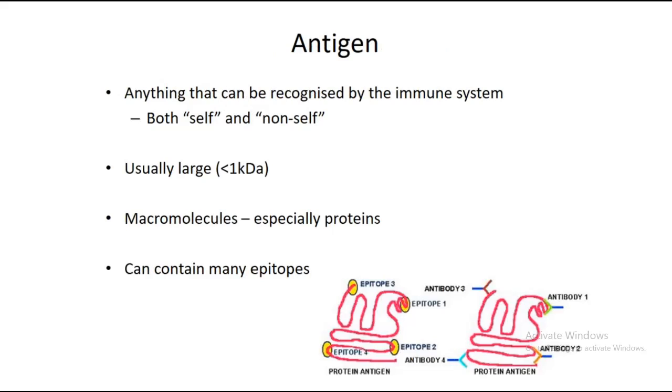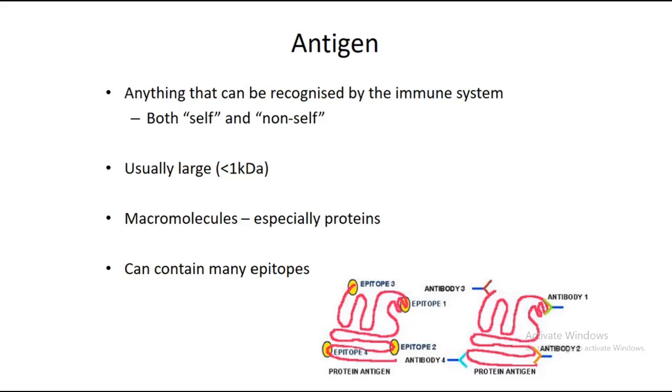But getting right back to the basics, what is an antigen? An antigen is anything that can be recognized by the immune system. Now, this can be self, our own proteins, but it can also be non-self, such as pathogenic cell wall components and things like that. Now, usually they're quite large, and they're usually proteins.